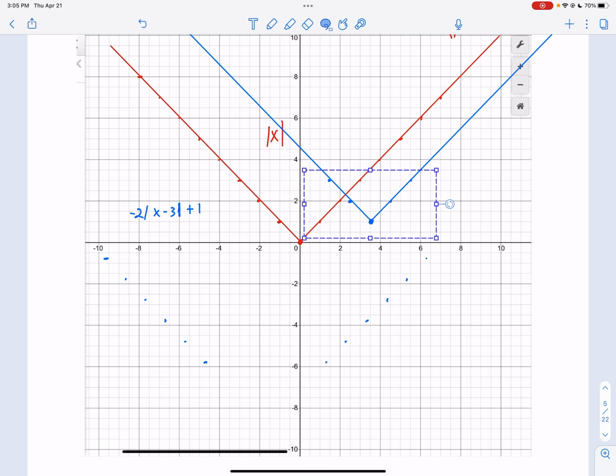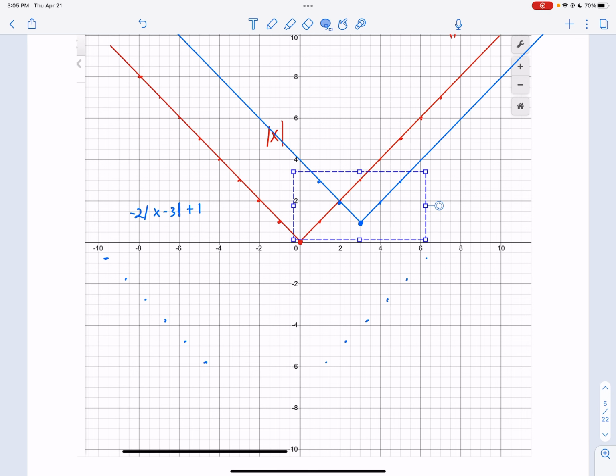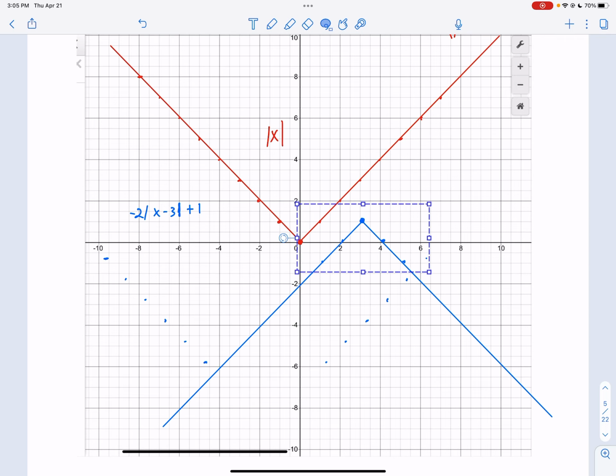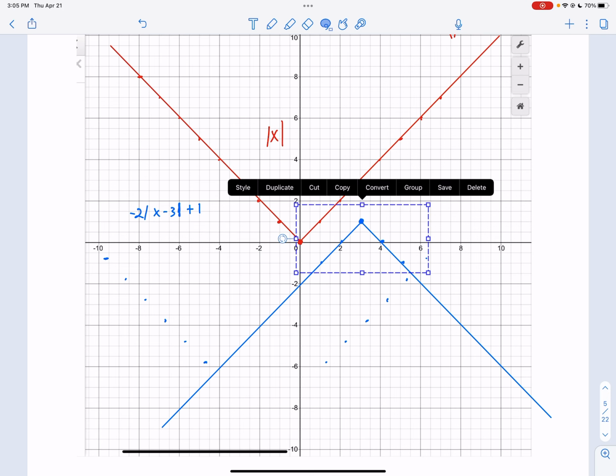Okay. So I'll put that right there. We moved it 1, 2, 3 to the right and up 1. So that's where it's going to go. But that negative 2 out front is going to flip it over. That negative part is going to flip it over on that same vertex. And it's going to be like that.